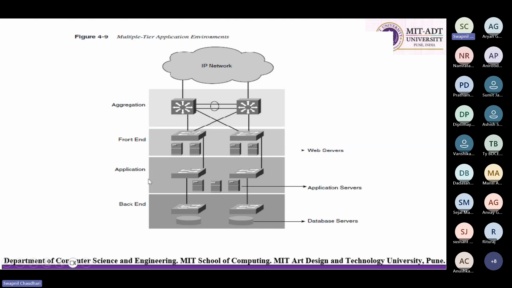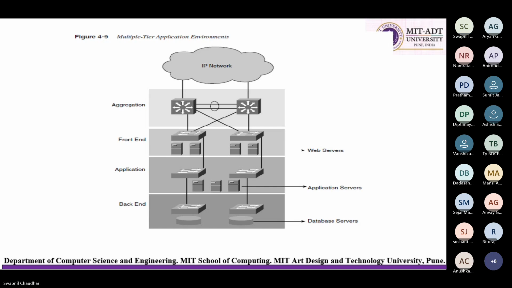Next layer is the application layer. It contains the application servers, whose responsibility is to execute business logic and data processing. For example, processing the login of any user and handling any kind of transactions that happen through the client or any bank account holder.